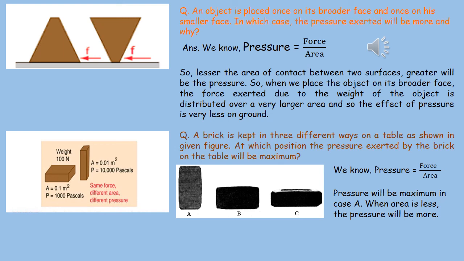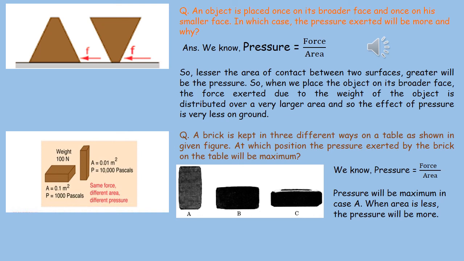In the first figure we can see the object is placed on its broader face, and we have seen the activity we have done also. There also we have noticed that whenever the area of contact is more, the depression is less. That means the effect of pressure is less. So with more area of contact, the force due to the weight of the object is distributed over a larger area. So the effect of pressure will be less than in the second case.